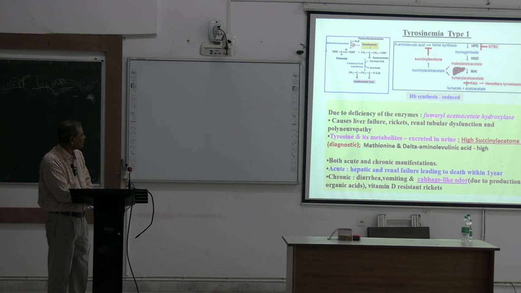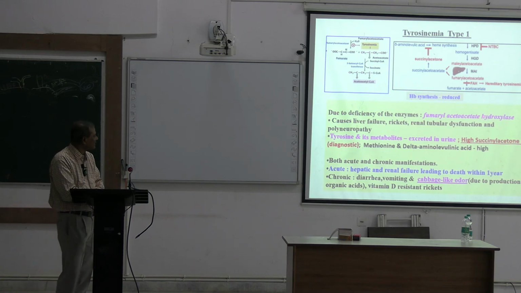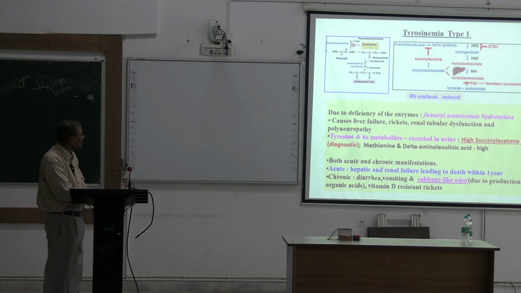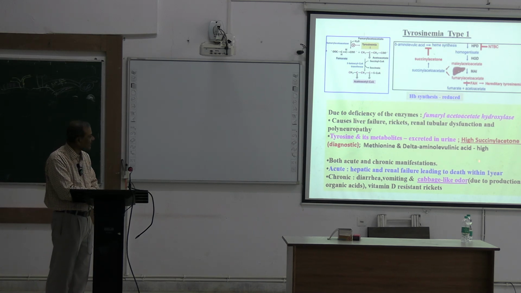Okay. So deficiency of fumarylacetoacetate hydrolase will cause Tyrosinemia type 1, and it will be diagnosed by high succinylacetone level, because fumarylacetoacetate will be converted to succinylacetoacetate, and this is measured in the blood, and that will inhibit heme synthesis.